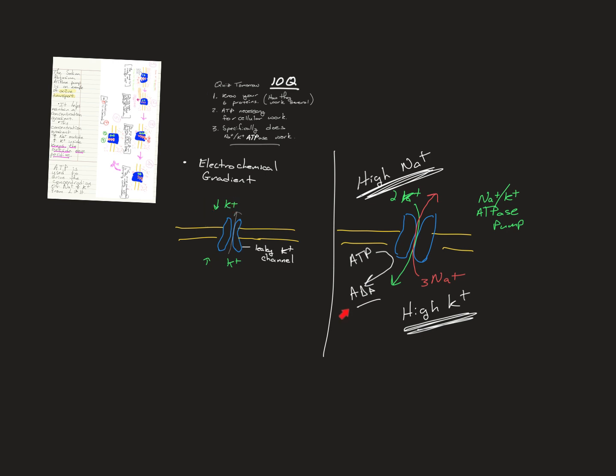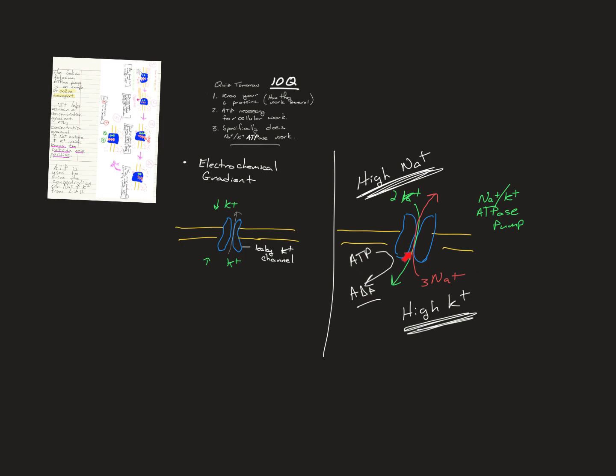For both. What's creating that high potassium is this sodium and potassium. Sodium, remember, is Na+, potassium is K+. Sodium-potassium pump that's pumping sodium out and potassium in, keeping the inside high.